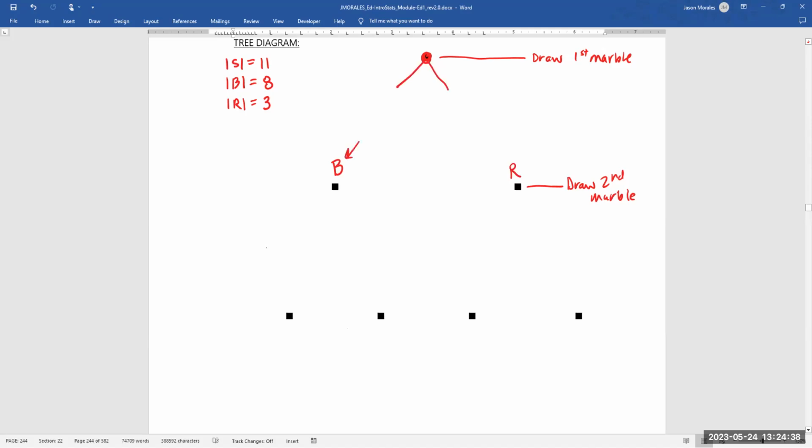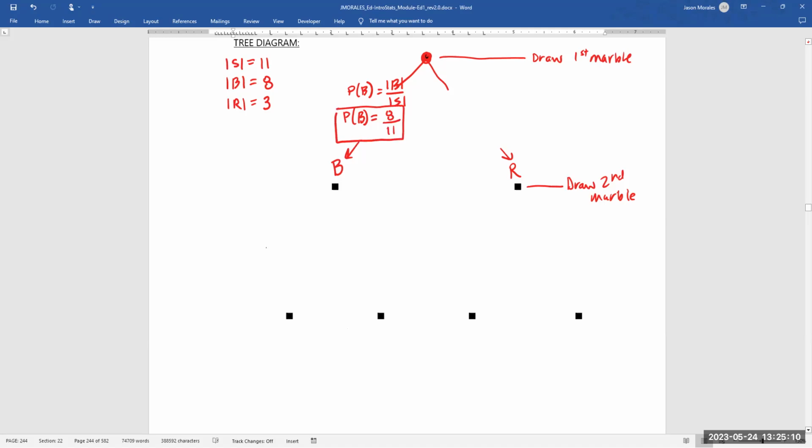So we're going to have 2 branches going to blue and going to red. And so calculating the probability of going down the blue branch is going to be the order of blue over the order of the sample space. And so the probability of going down this blue path is going to be 8 over 11.